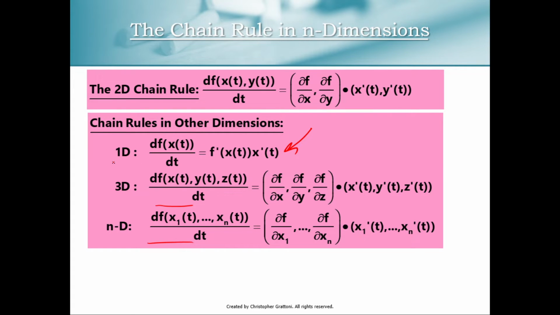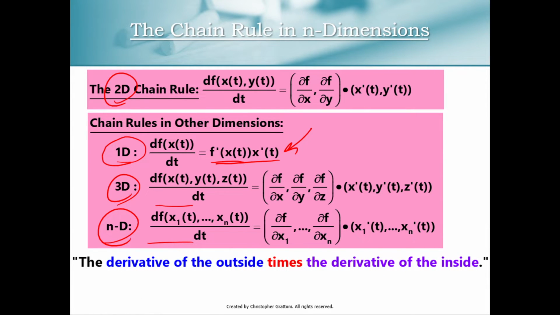Even the one-dimensional case, you guys could see right here, this is the same chain rule that I wrote above, just in one-dimensional space. And what is this? Well, look, it's derivative of the inside times derivative of the outside. Oh, that's just chain rule. So our one-dimensional chain rule does connect to the two-dimensional, three-dimensional, and n-dimensional chain rules.